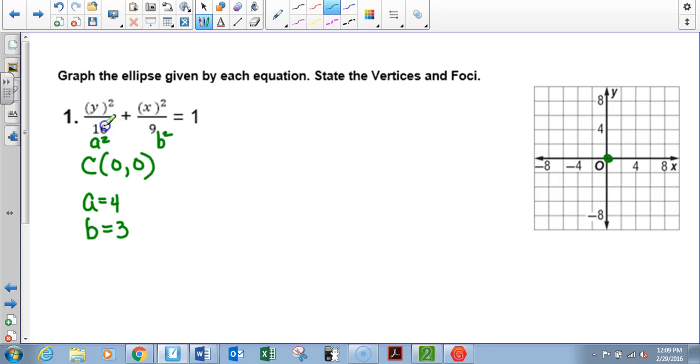And I know which way those go because these are underneath the y, so I'm going 4 units in the y direction. And these are counting by 2s, okay? And in the x direction, I'm going to go 3 units from the center. Now, what are those points called?